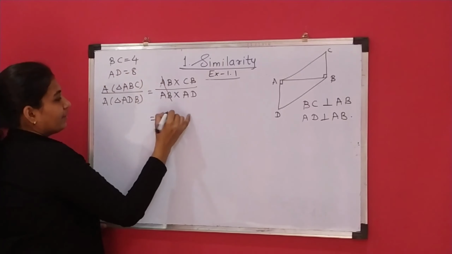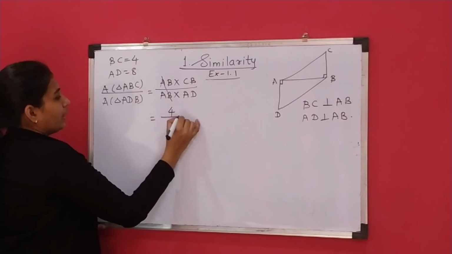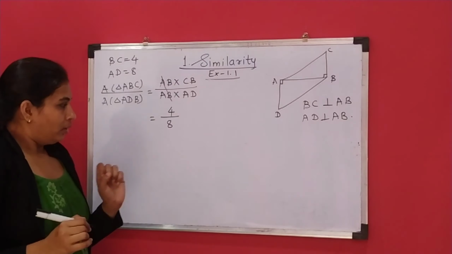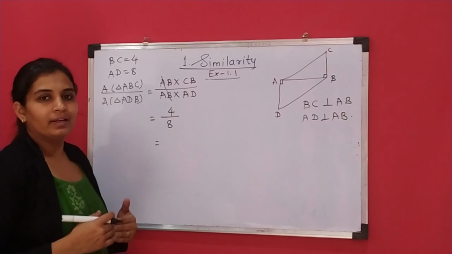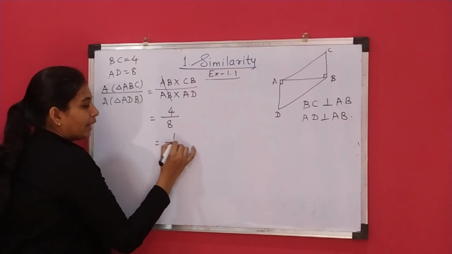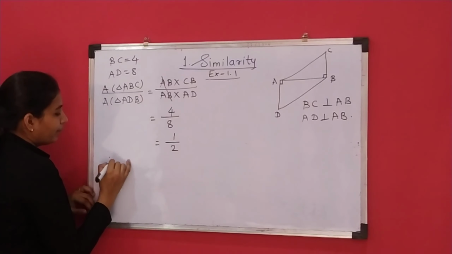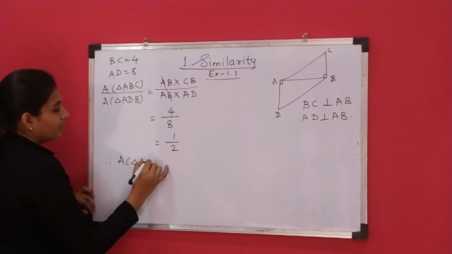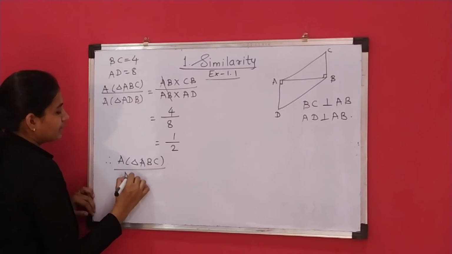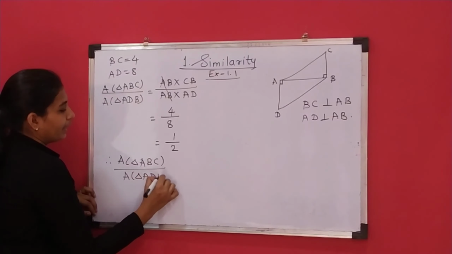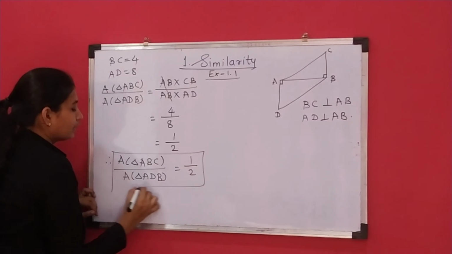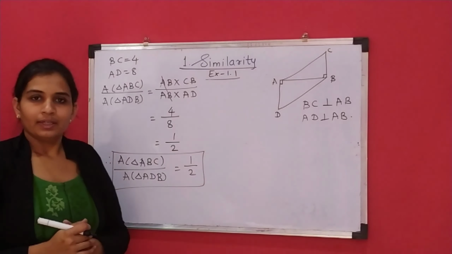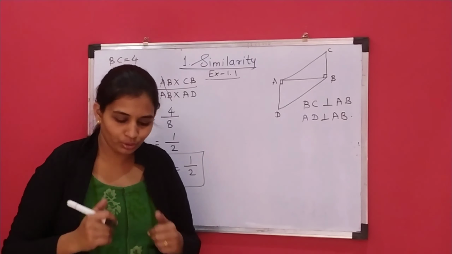CB or BC we can write as 4. AD can be written as 8. 4 upon 8 can be written in the simplest form as 1 upon 2, so we get the answer: area of triangle ABC upon area of triangle ADB is equal to 1 upon 2, that is 1 is to 2. Is it very simple? Good.